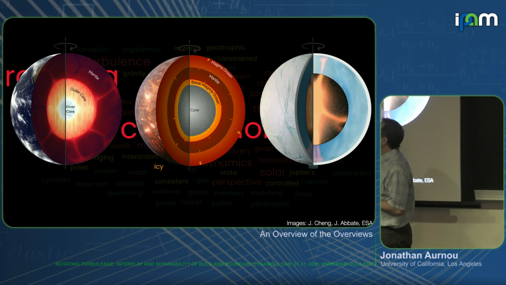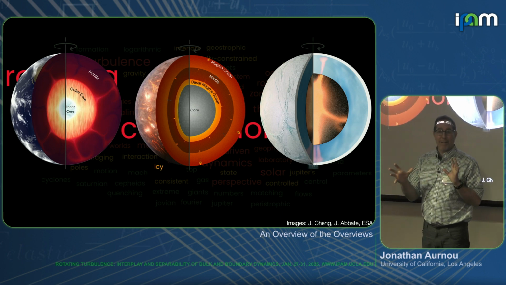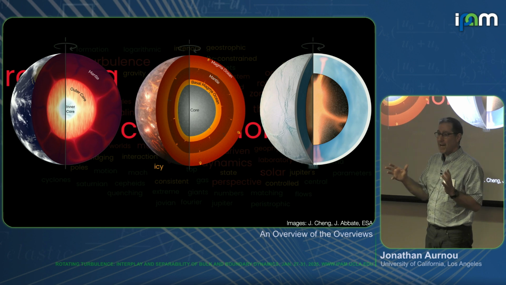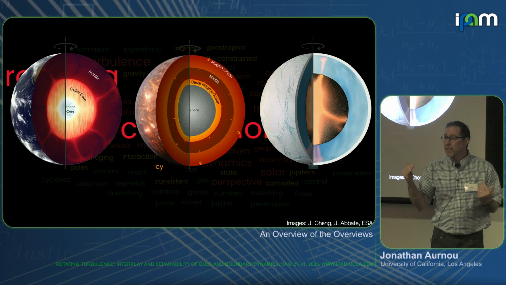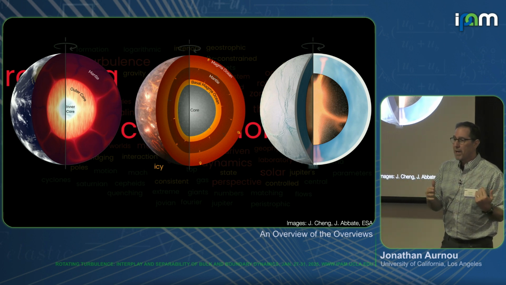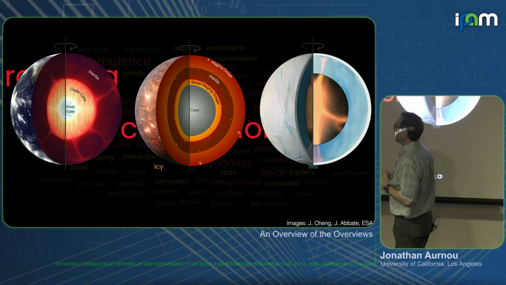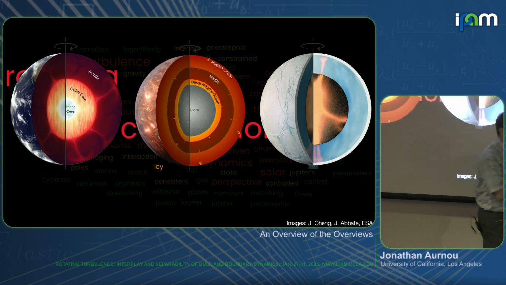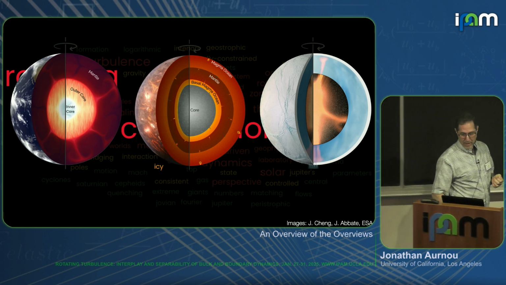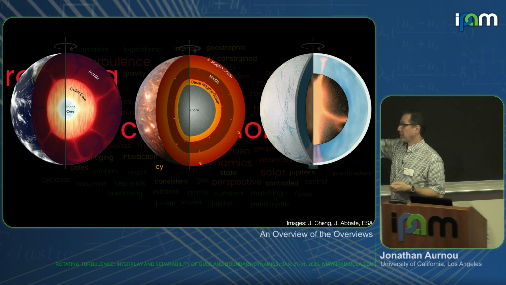Ekman is about 10 to the minus 15. Reynolds is about 10 to the 9, 10 to the 10. Rossby is about 10 to the minus 6. So Reynolds is really high, but Rossby is very low. So it's very rapidly rotating turbulence hydrodynamically. And also, of course, the magnetic field's generated there. So there are massive MHD effects as well. That's just the current Earth.